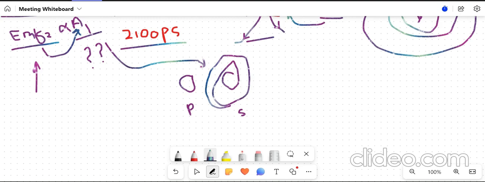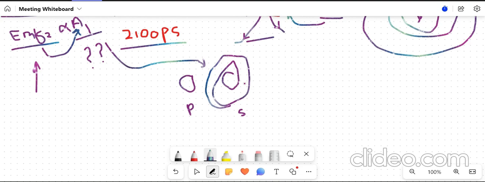But what he found interestingly is that if we increase the turns of the loop, then the EMF is increased proportionally. If we make the turns twice, then EMF is increased by two times. If we make the loop thrice, then EMF is increased by three times.